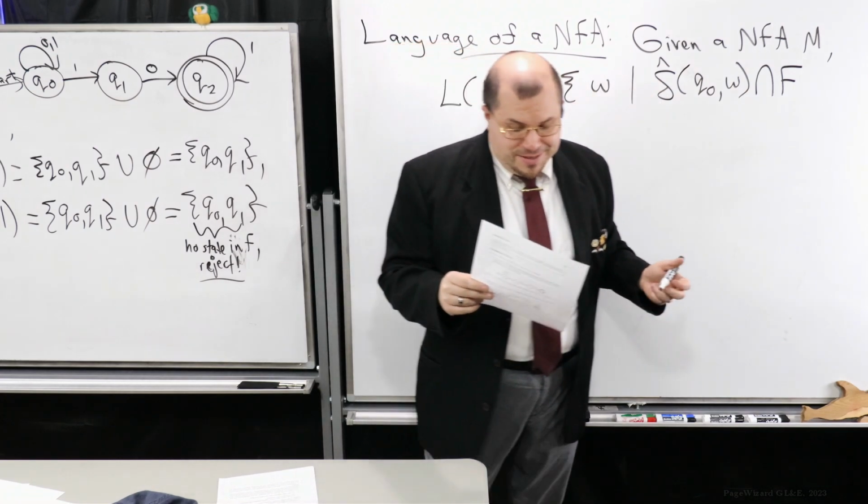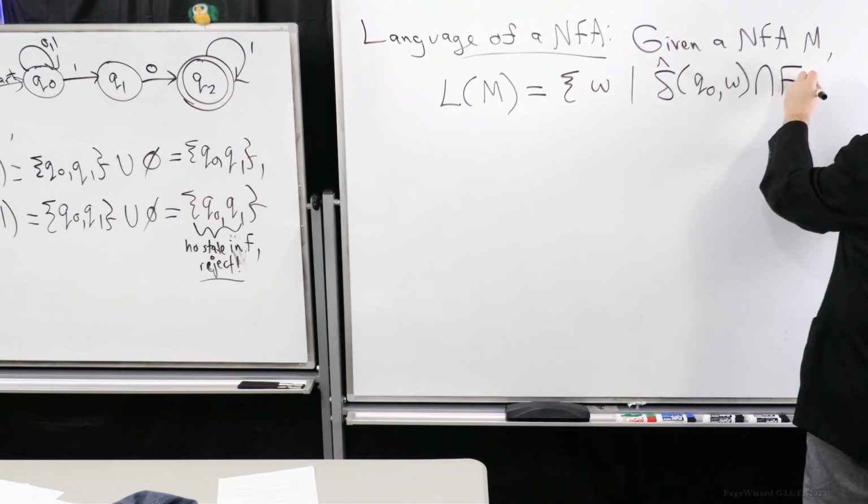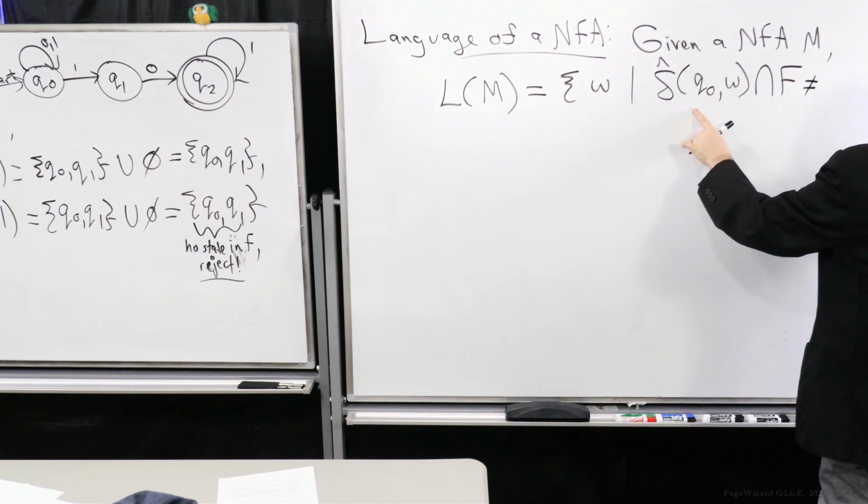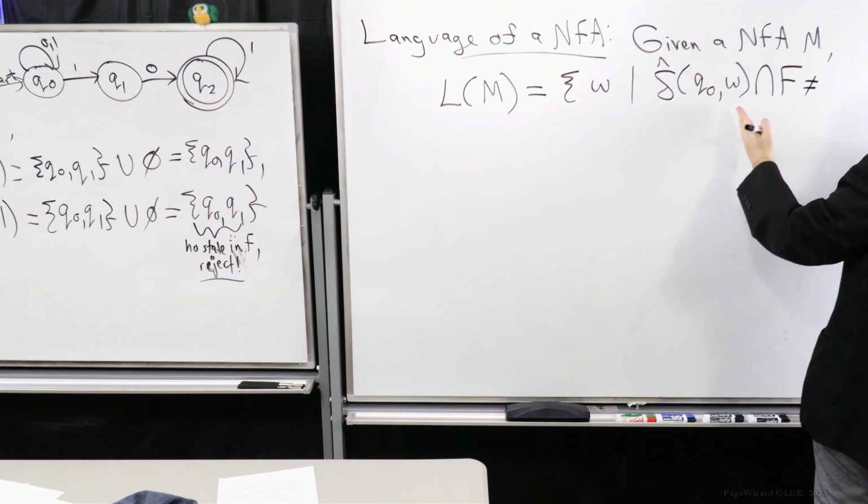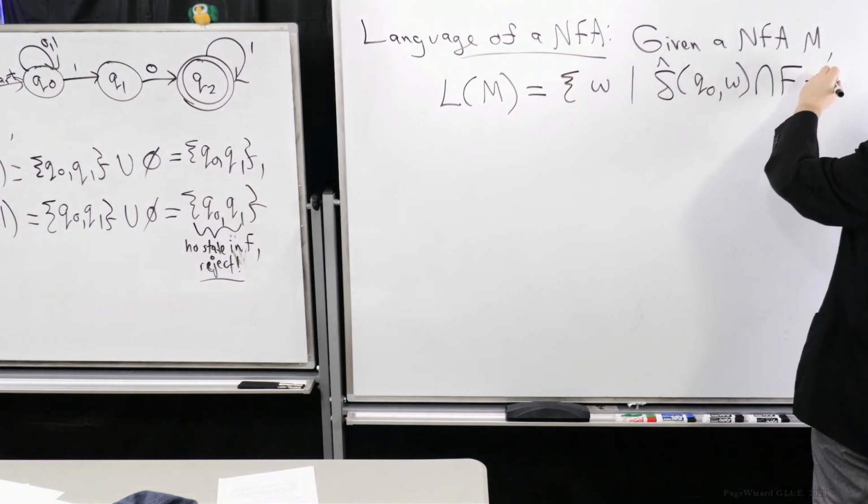Non-empty. Meaning there's at least one state that's in common between these two sets. That's what the intersection would give me if it accepts.